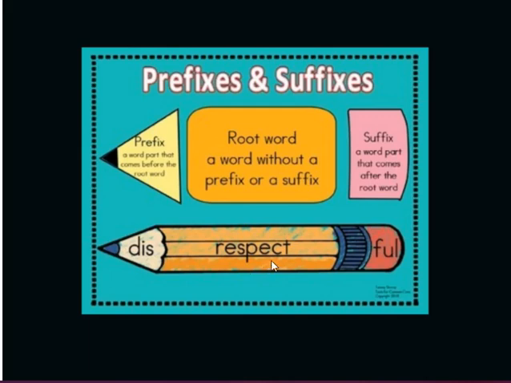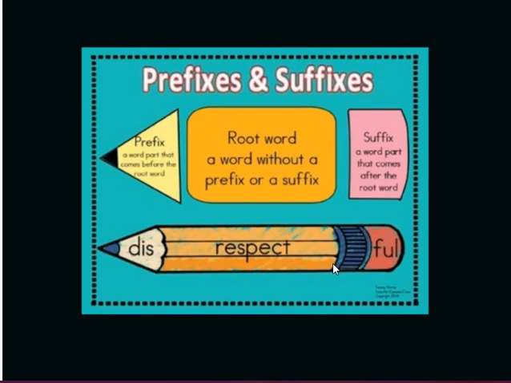When you say somebody is disrespectful, it means that they're rude to you, they're unkind, they're not doing anything that would deem proper etiquette. Now, we have disrespect. If we did not have a suffix added to it, that's a word on its own.